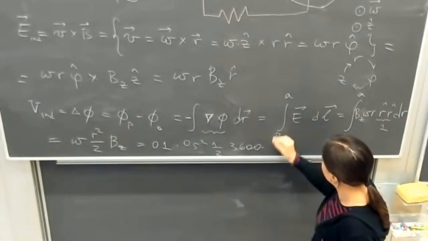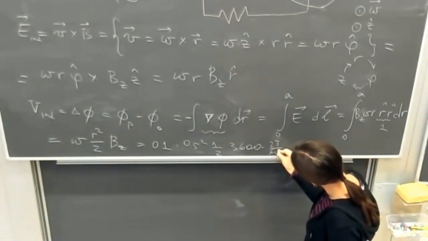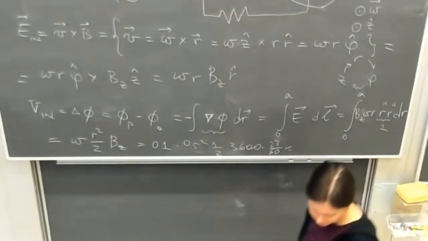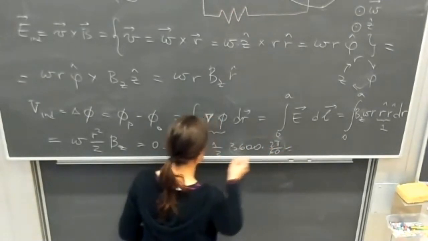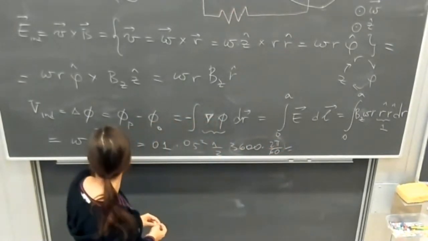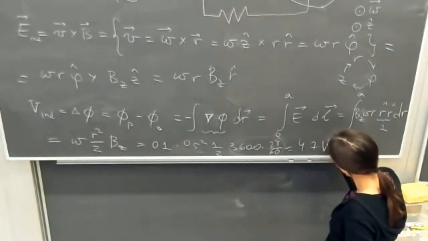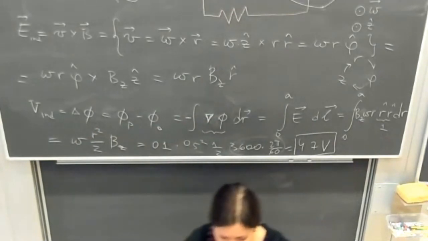To come to consistent units, it needs to be multiplied by 2 pi divided by 60 to come to radians per second, I think. Let me check. Yes, then omega becomes radians per second. And then we get volts. So the answer is 4.7 volts. It's quite a small voltage.